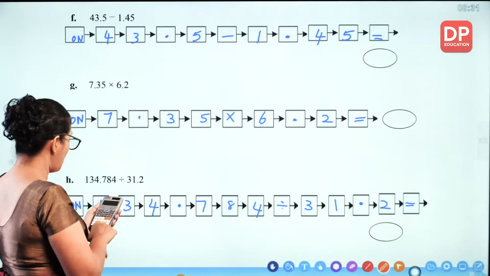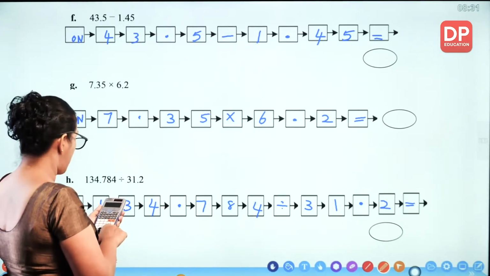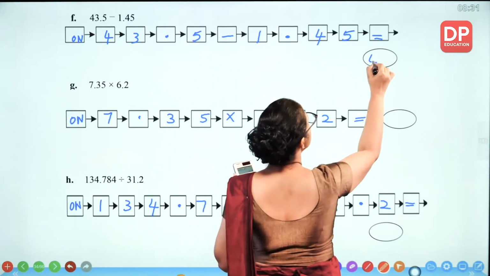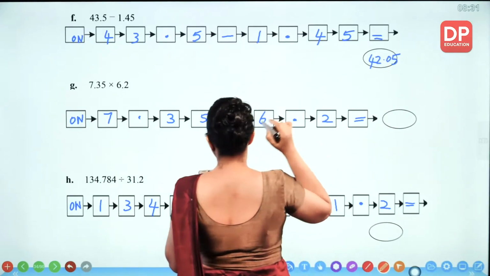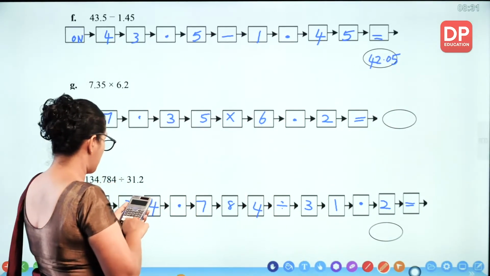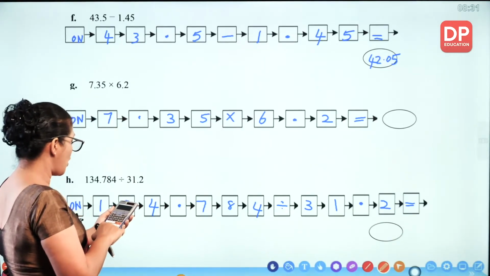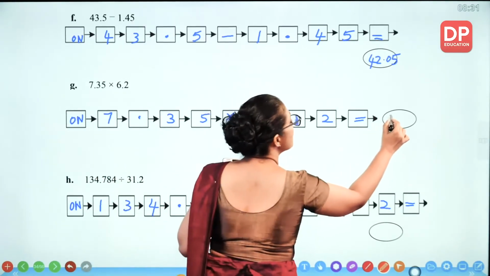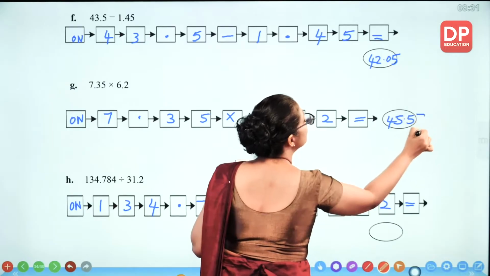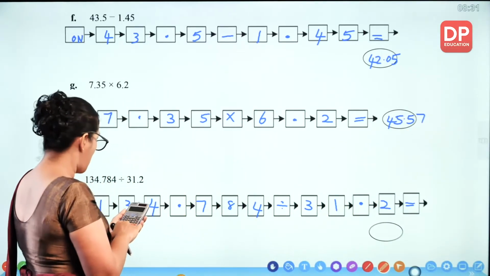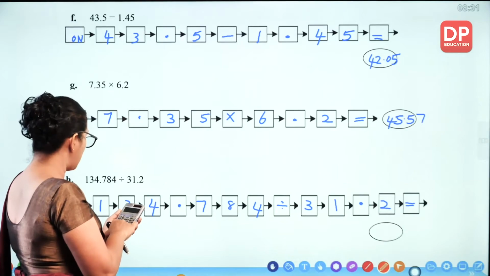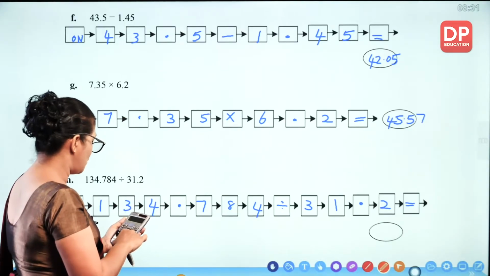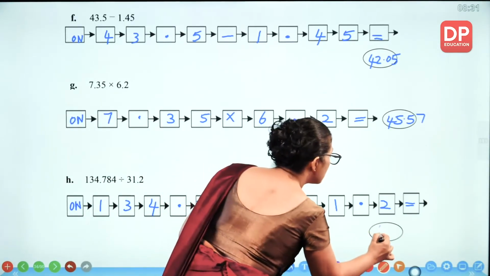We'll do the calculations now. 43.5 minus 1.45. 42.05. This one, 7.35 multiplied by 6.2. 45.57. This one, 134.784 divide by 31.2. 4.32.